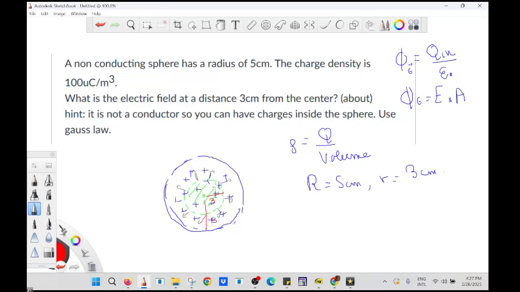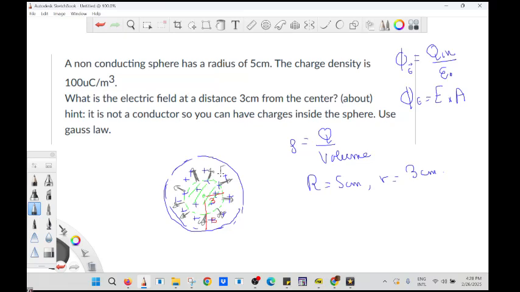So that will be the source, and the electric field here is poking through this area, and the area is the area of a sphere.